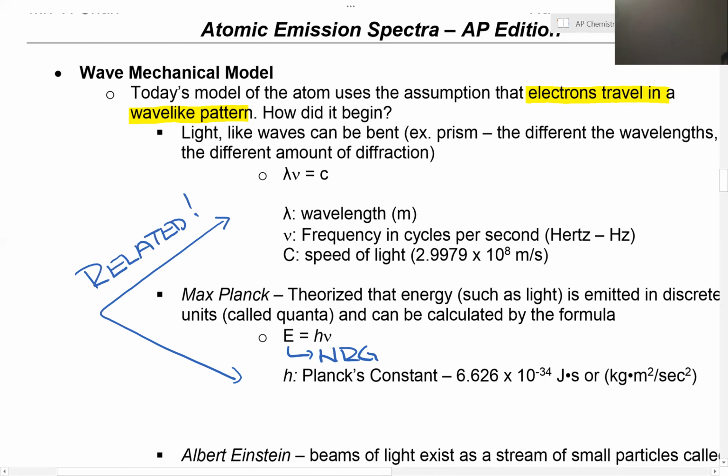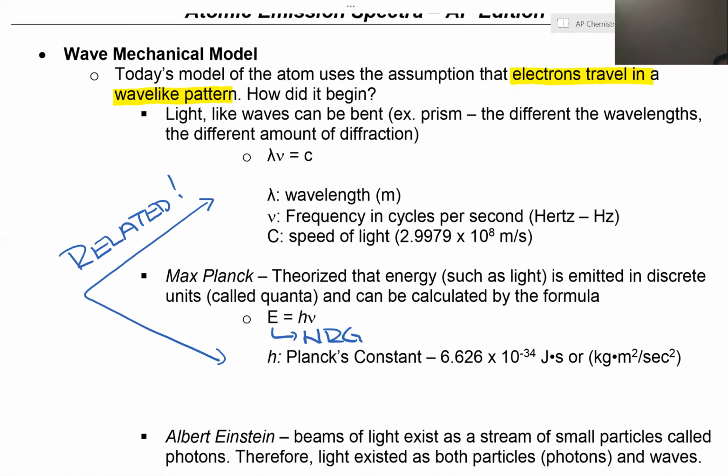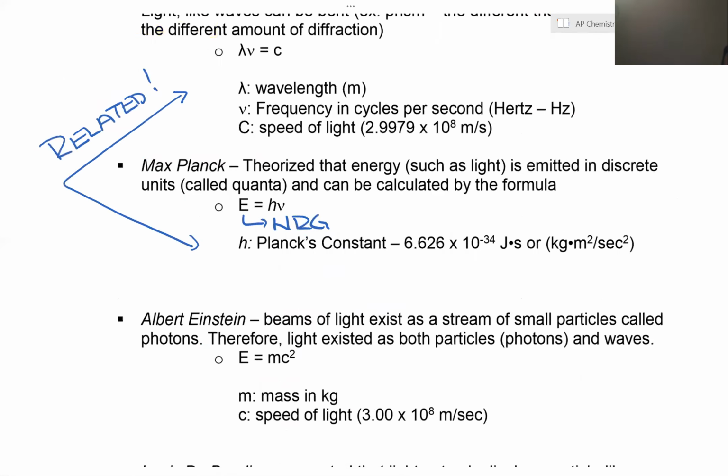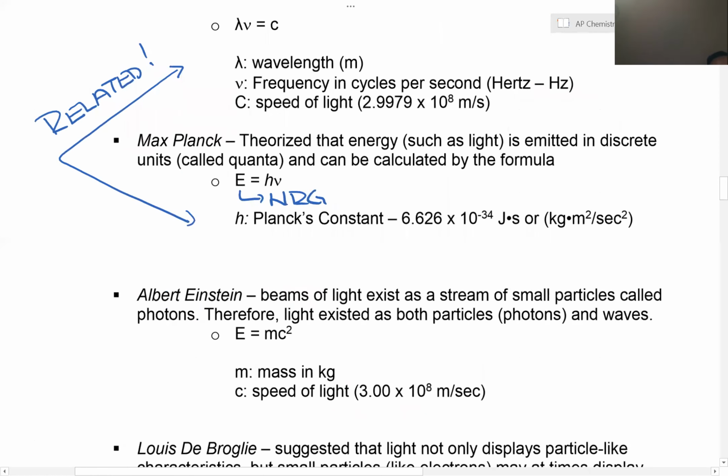Now, Albert Einstein, famous Albert Einstein, suggested that beams of light existed as a stream of small particles called photons. Therefore, light existed as both particles and waves. So again, his famous equation, E is equal to mc squared.